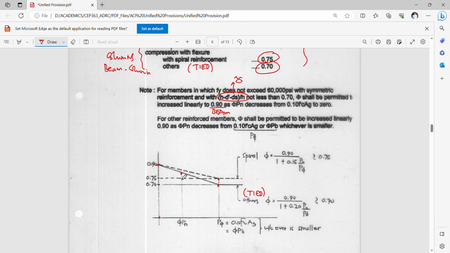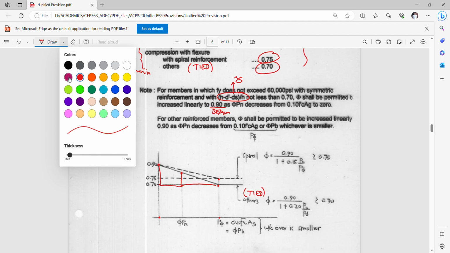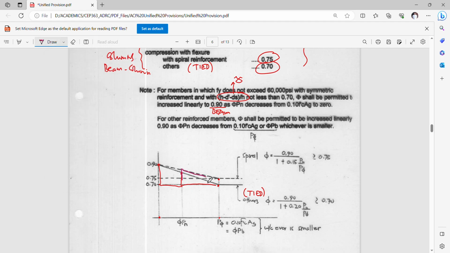By simply making use of a triangle here for tie, and another triangle here for spiral, if we do the proportioning, we will arrive at this formula, wherein your Pb here is defined ultimately as 0.10 fc' Ag.